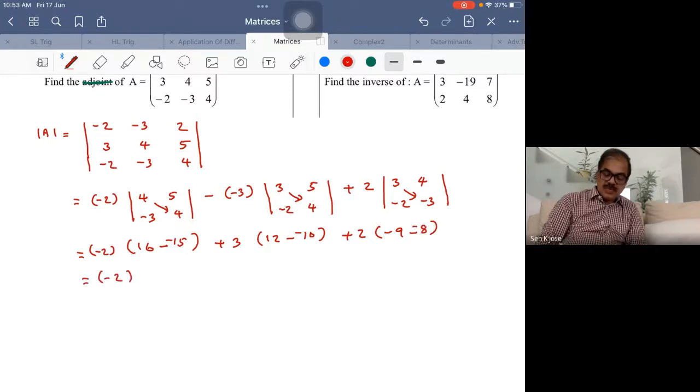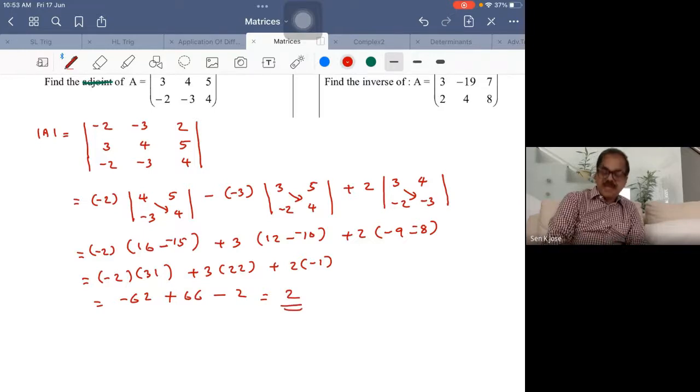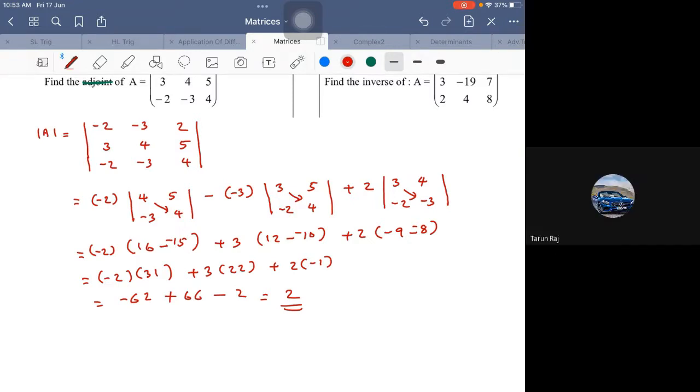So -2 into 31, plus 3 into 22, plus 2 into -1. So -62 plus 66 minus 2. So I think it is just 2. Did you get determinant A as just 2 there? Yes, sir. Okay.